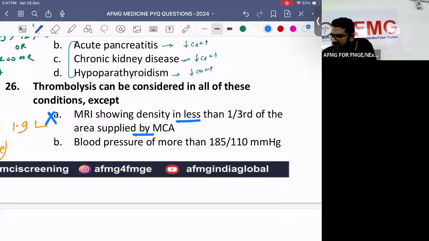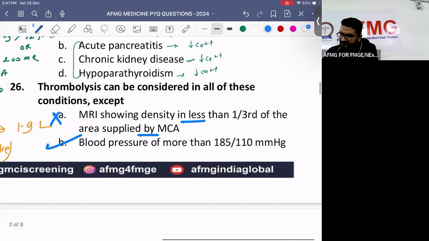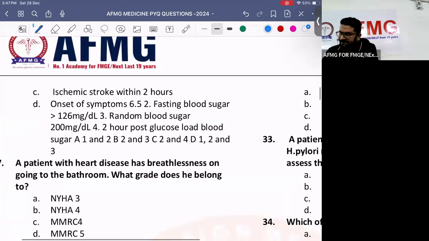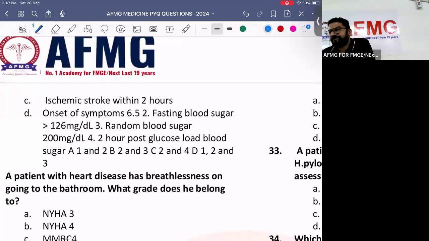BP of more than 185 by 110. करेंगे नहीं करेंगे? BP should be less than this. आगे देखते हैं. Ischemic stroke within 2 hours. What is the window period?